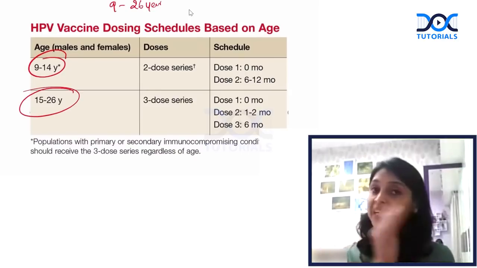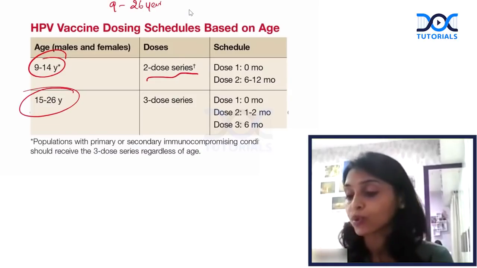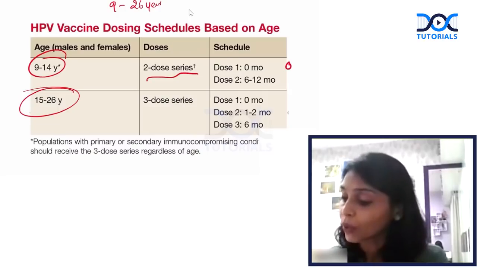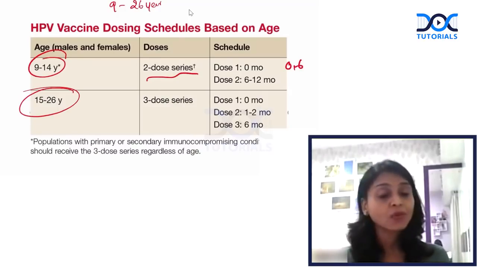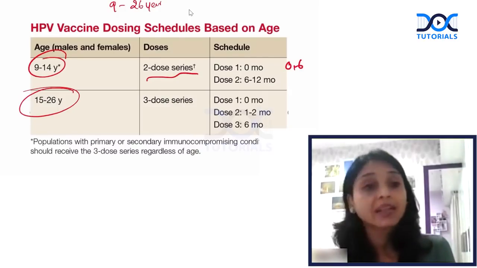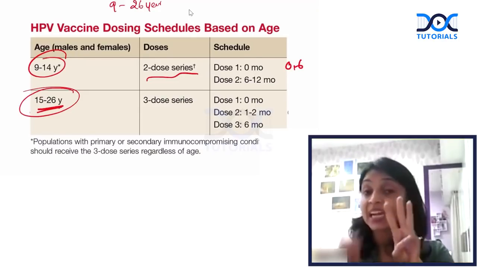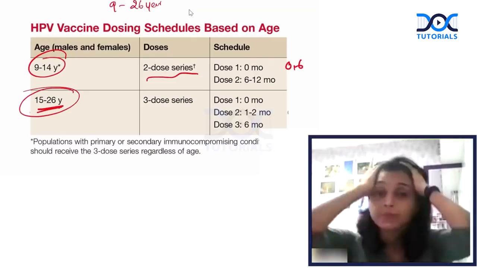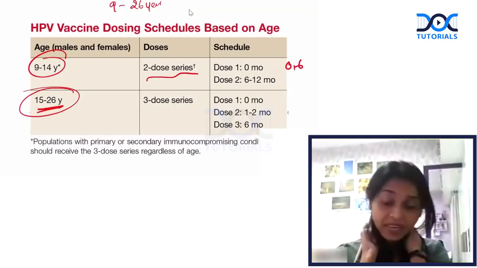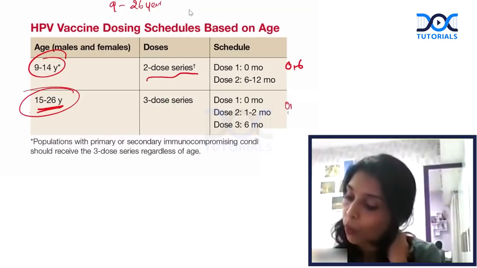For those between 9 to 14 years, it is given as 2 doses of 0, 6. Whereas for those above 14 years, that means from 15 to 26, it is given as 3 doses. Like you give hepatitis B vaccine. How do you give hepatitis B vaccine? That everyone knows. 0, 1, 6, right? Here also you give it as 0, 1, 6.